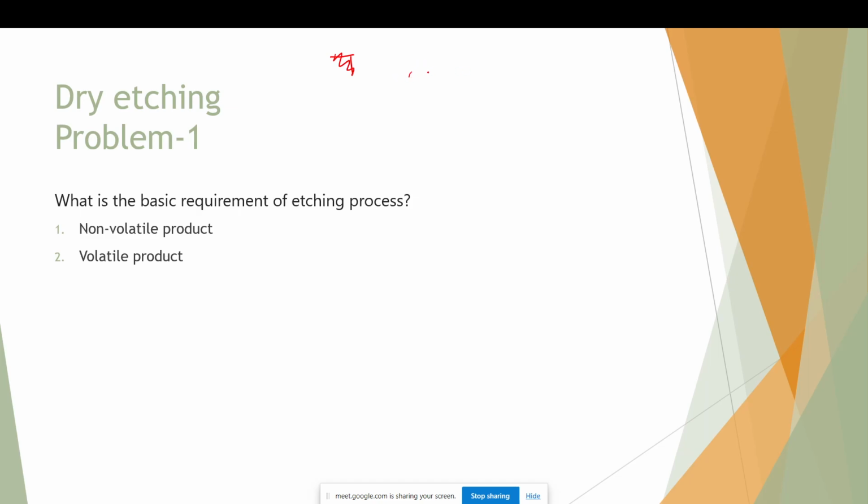in MEMS, right, we have devices like cantilevers. So say this is my silicon, so there is SiO2 below it and then there is silicon underneath. Say I want to make a cantilever with this silicon on top.